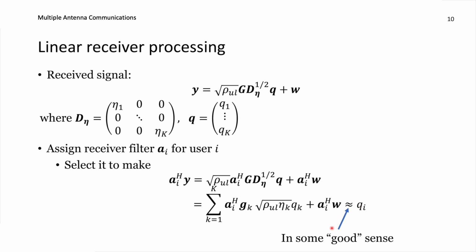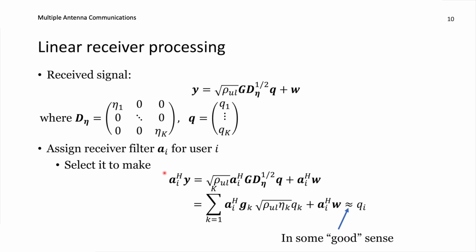And approximately, yeah, we will see later what it means, what is a good sense of saying that they are approximately the same. But remember that this is essentially the same thing we did when we had the single-antenna channel before. Then we had this maximum ratio combining vector that we took an inner product with to produce an estimate of the signal of interest.